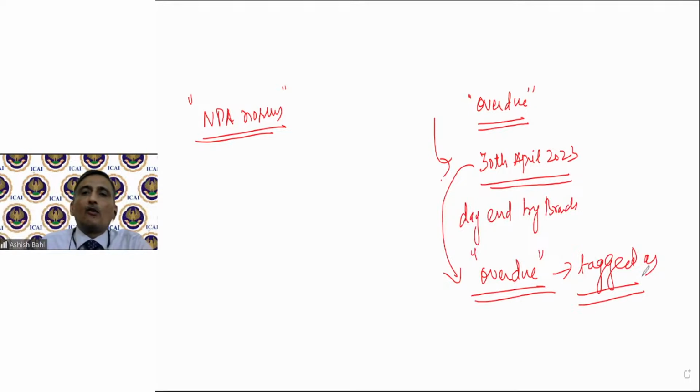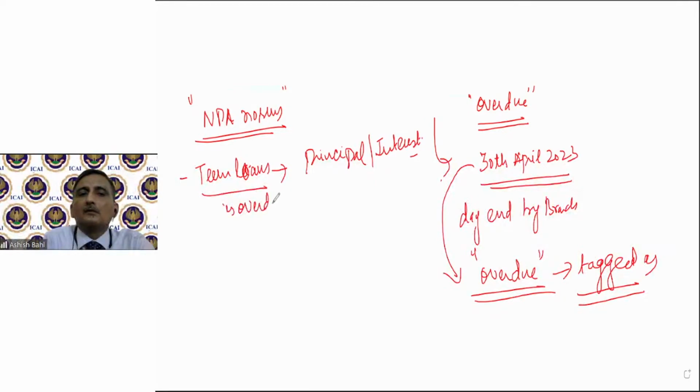Okay. So what are the NPA norms relating to that? Say in case of term loans, a facility becomes overdue if its principal or interest is overdue for more than 90 days.